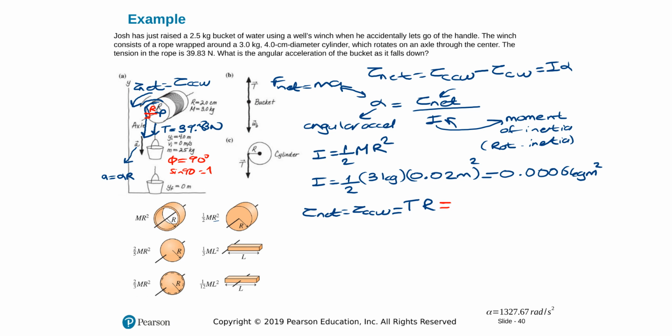Tension is given. So tau net then is equal to tension, 39.83 Newton, times the radius, which in meters is 0.02, 0.02 meters.